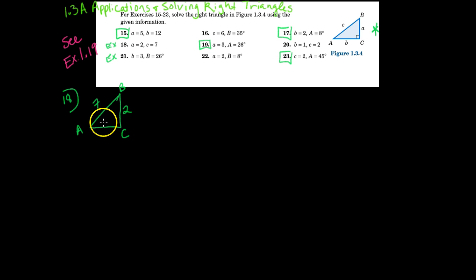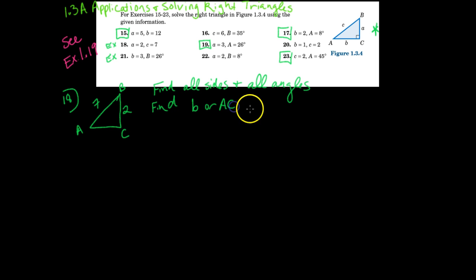When you solve a triangle, that just means you have to find all the sides and all the missing angles. Right now we need to find length B, or you can say it's AC, and we also need to find angle A and angle B.